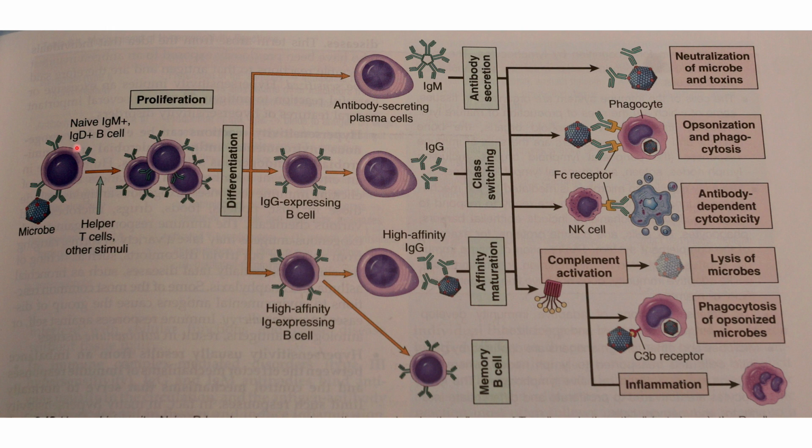Another representation: there's a proliferation phase, a differentiation phase, and a series of reactions: antibody secretion, class switching, affinity maturation, memory T cells, with a whole bunch of effects over here.